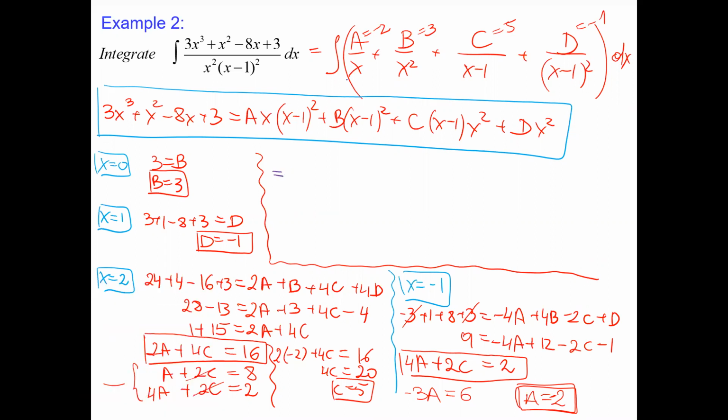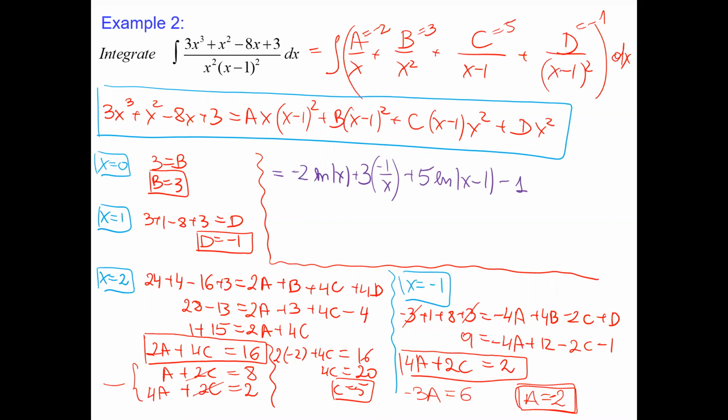This is negative 2 over x, so negative 2 ln of x. This one is positive 3 and 1 over x squared. This means that x is taken to the power of negative 2. Integral of x to the negative 2 is negative 1 over x. And we did have constant 3. This one is 5 and natural log of x minus 1, and negative 1.